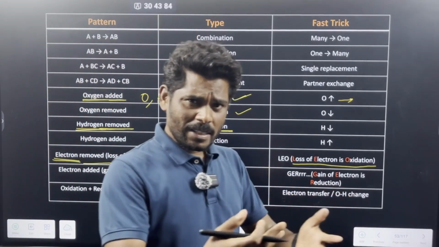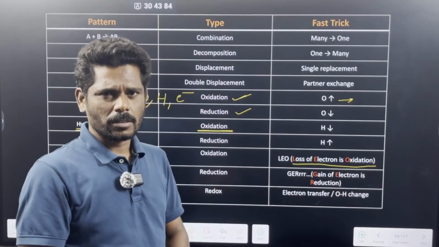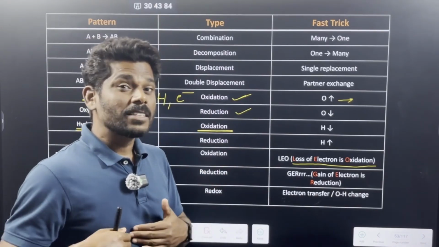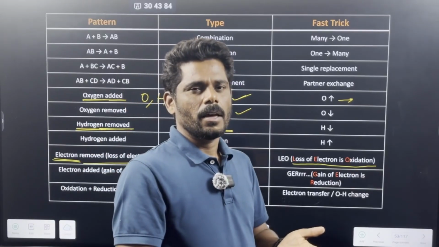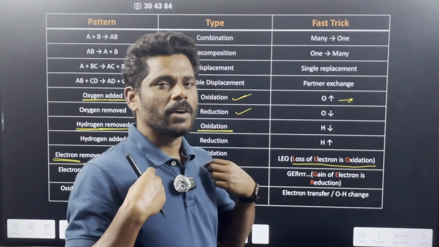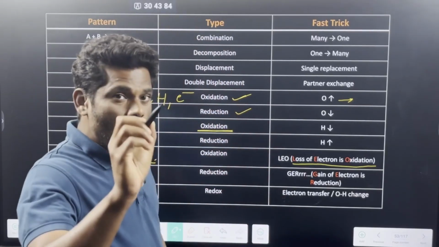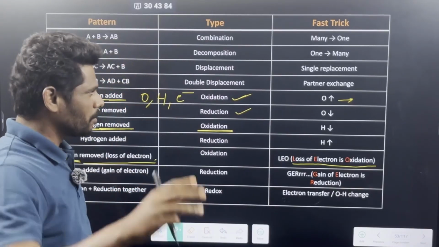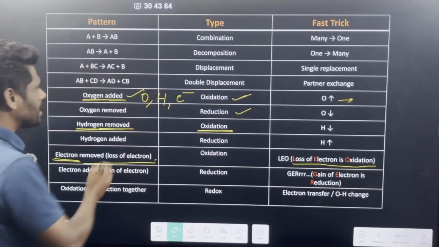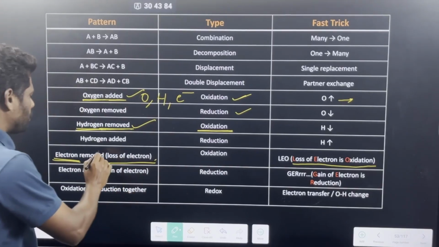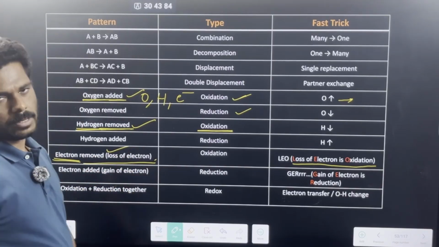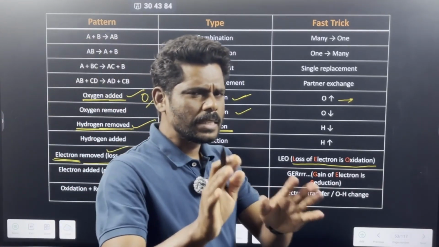If the charge reflects that I have lost electrons, meaning the positive charge increased, then automatically say that I have undergone oxidation. So oxidation is defined in three ways: addition of oxygen, removal of hydrogen, in fact removal of electrons. This is oxidation.